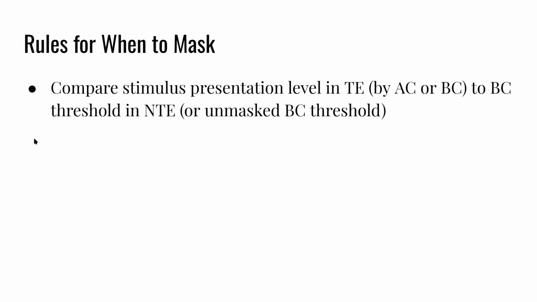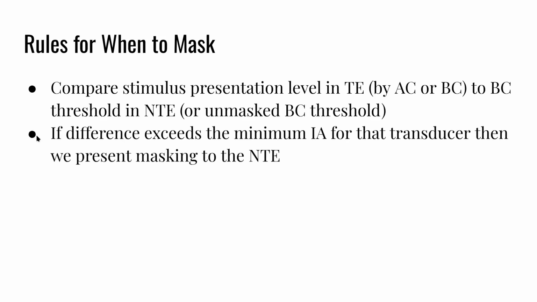So we're comparing stimulus presentation level in the test ear, by air conduction or bone conduction, to the bone conduction threshold in the non-test ear, or the unmasked bone conduction threshold, because oftentimes that's what we have available at the time. If the difference exceeds the minimum intraoral attenuation for that transducer, 0 dB for the bone oscillator, though usually we say if it exceeds 10 dB for bone conduction, that's a little different from air conduction.